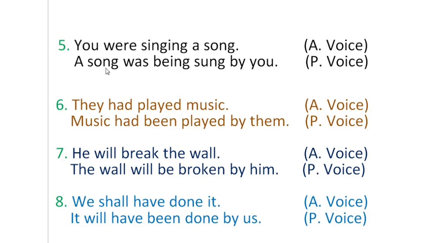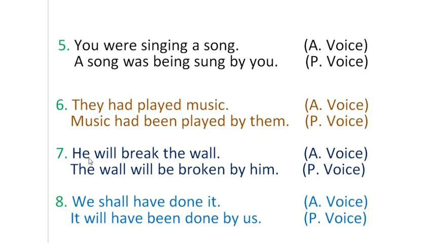A song OV was or were being plus TFV. Sing is the first form of the verb. Third form of the verb is sung, by you. Number 6, this is past perfect. They had played music. Active voice, passive. Music had been played by them. Music OV had been TFV. Third form of the verb, played and by phrase by them.